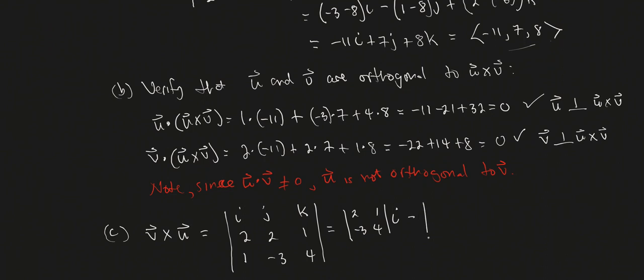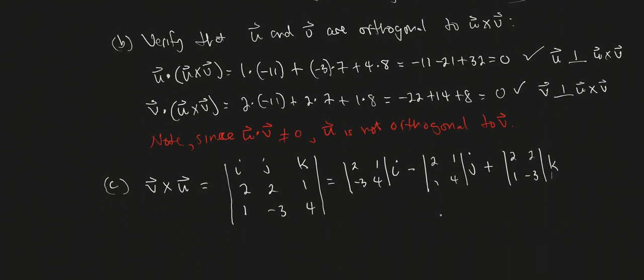And then minus. Block out the middle column, first row. We are left with 2, 1, 1, 4. That determinant times j, plus block out the third column, 2, 2, 1, negative 3 times k. All right.